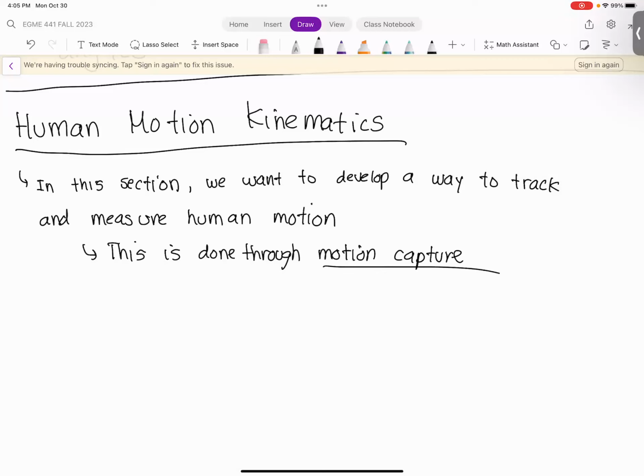Okay. And so remember, the basic idea is that we're going to place these almost photoreflective tracking markers on a person's body, and then as they move, we can track the positions of each of the body segments.